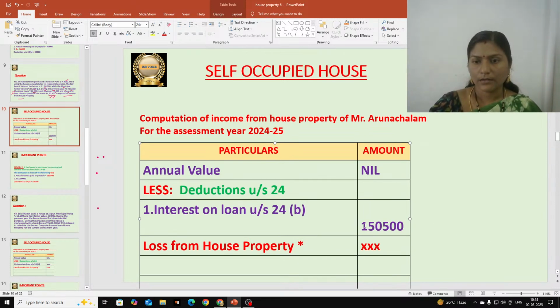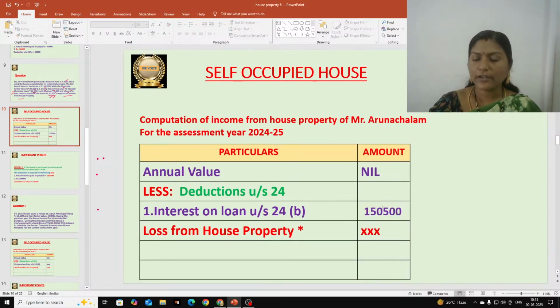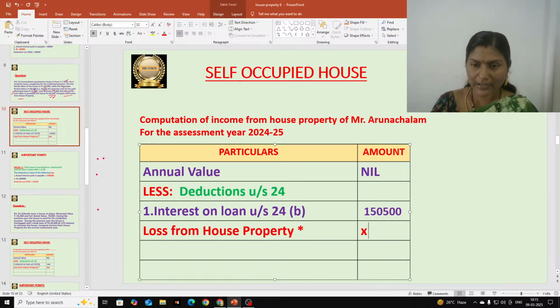So 1,50,500 we have written. So that much we are going to give as deduction. Whenever you give deduction from nil, you are going to deduct 1,50,500. You can't deduct, so you will get minus 1,50,500 actually, but don't write minus. We will write 1,50,500 only here.